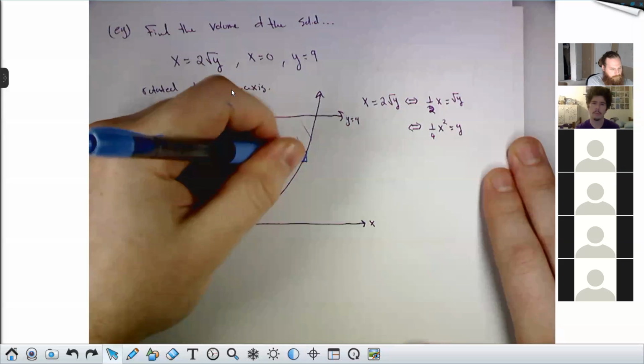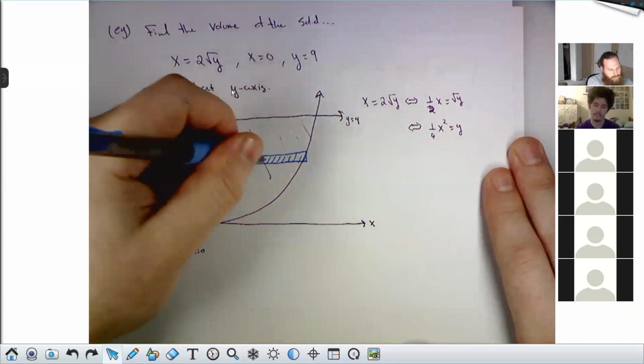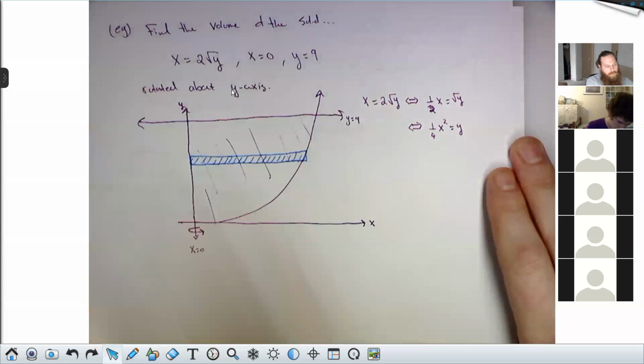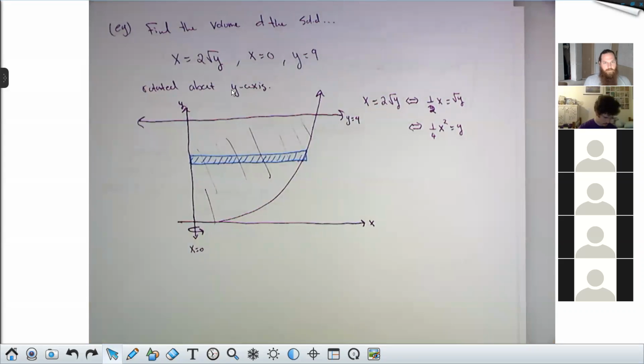Can I ask a quick question? Sure, of course. Would we do anything different if the question didn't give us x equals 0, but it already tells us that we need to rotate around the y-axis? Yeah, but you could have part of your region over here maybe. So it's important, always check that your boundary curves really do cordon off a little region.